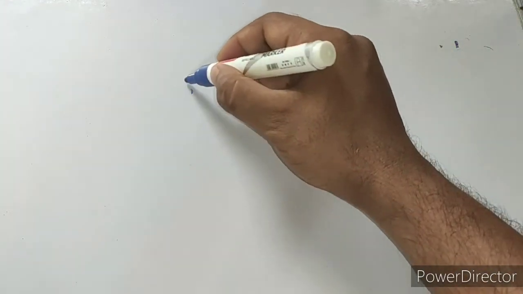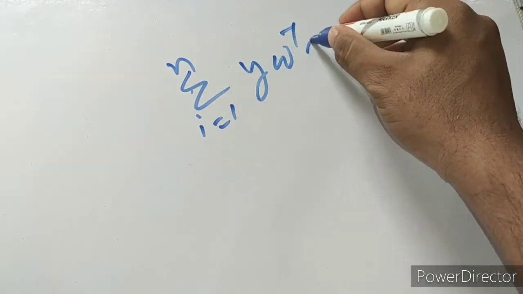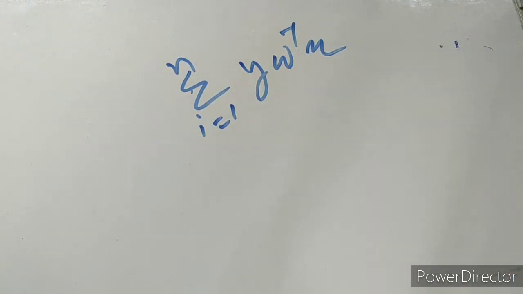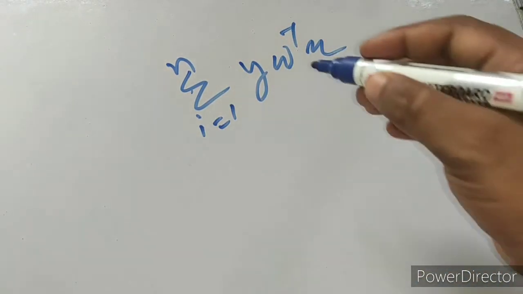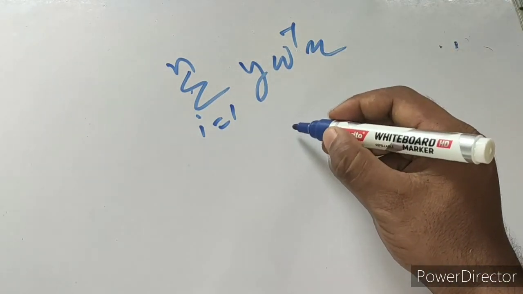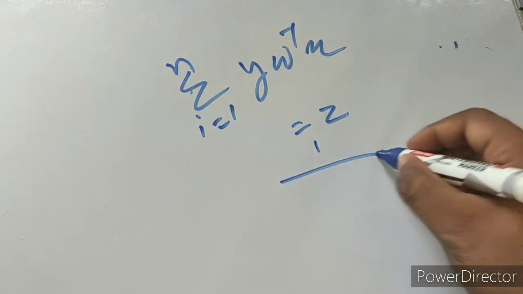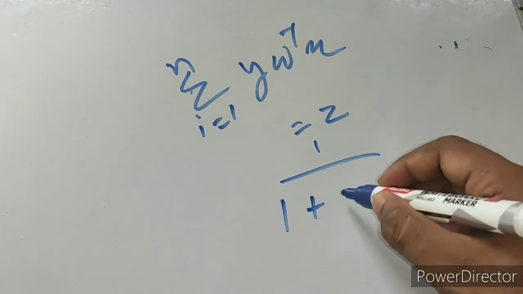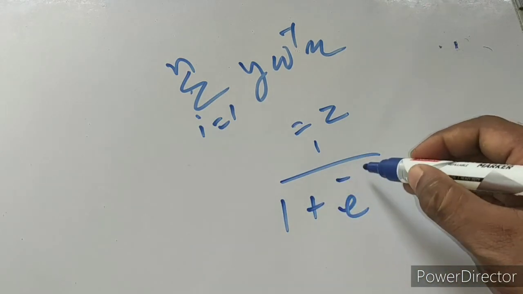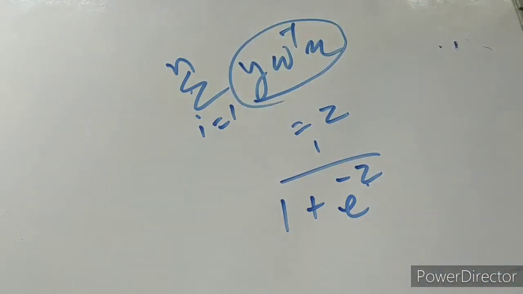Here we simply implemented the y w transpose x formula, and this y w transpose x is known as z, and this z is applied to the sigmoid function, 1 by 1 plus e to the power minus z. Here in the z value, this y w transpose x will be kept.